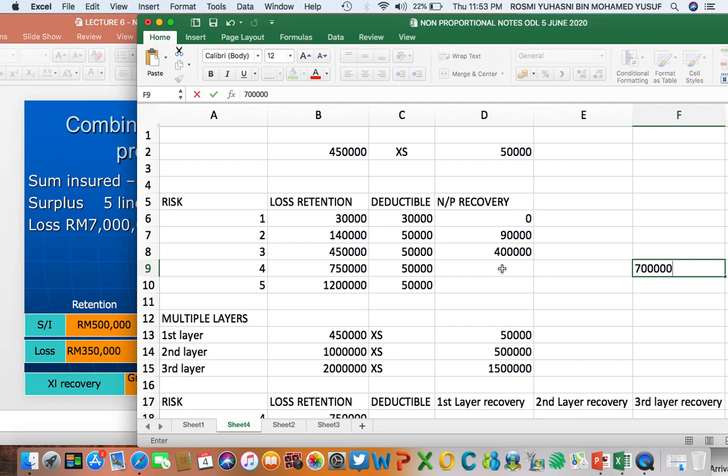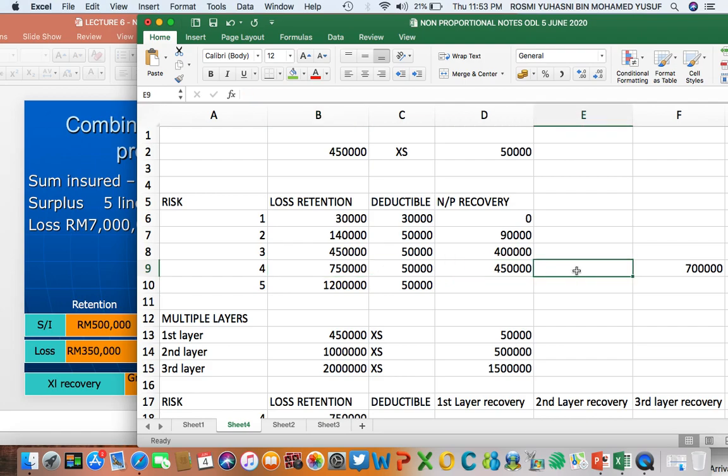So the insurer is not able to claim 700,000, but only up to 450,000. So 750,000 less 50,000 less 450,000.